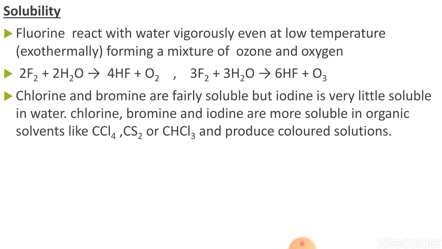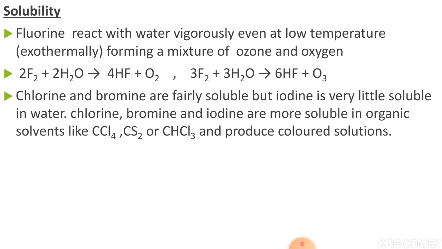Some more points you have to note down: the solubility of I2 in water increases with the addition of KI or NaI due to formation of polyhalides, that is triiodide ions, I3 minus. So you can note down the reaction: KI plus I2 gives KI3.